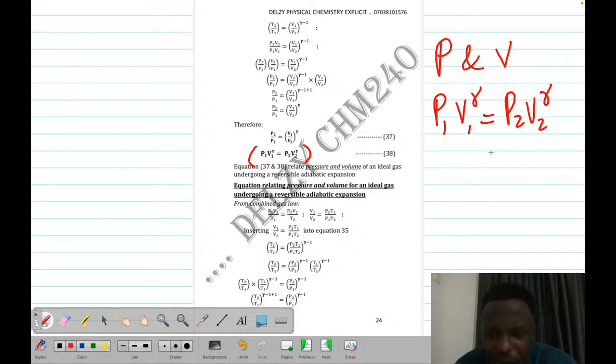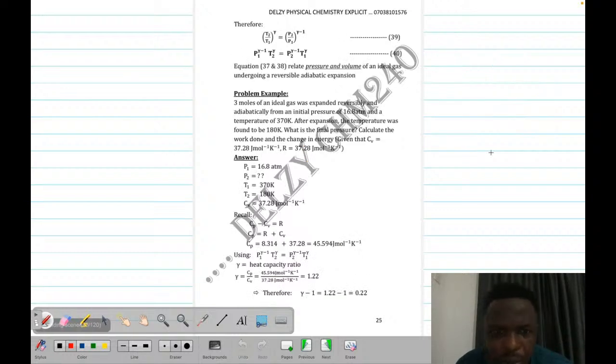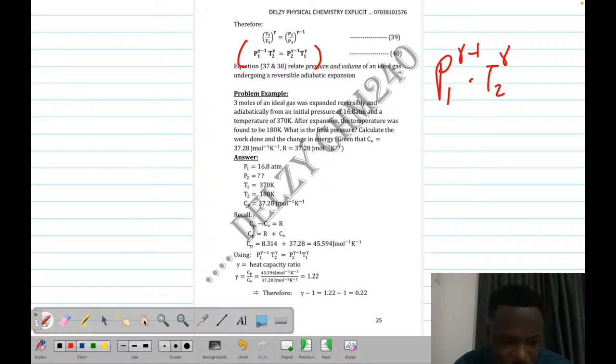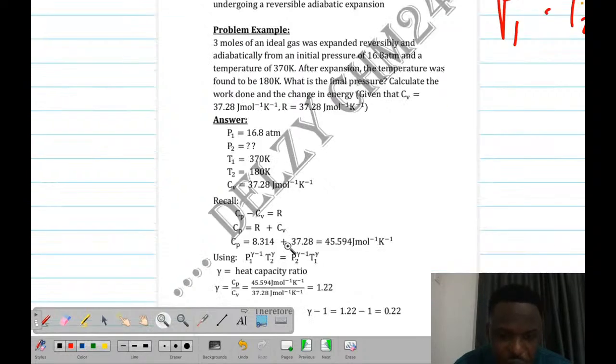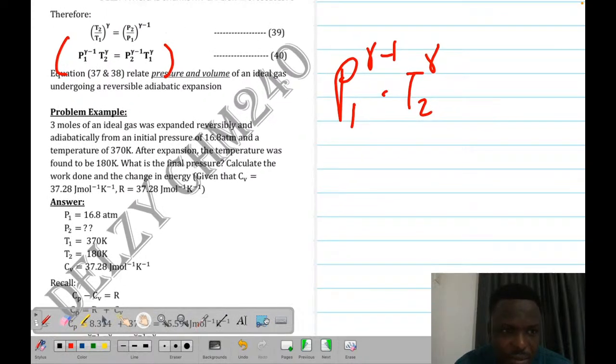Now, this is the second formula. Now, the last one relates temperature and pressure. This is the last one. Let's expand this. This is actually where we are going to solve the question, because this is where the question is given to us.